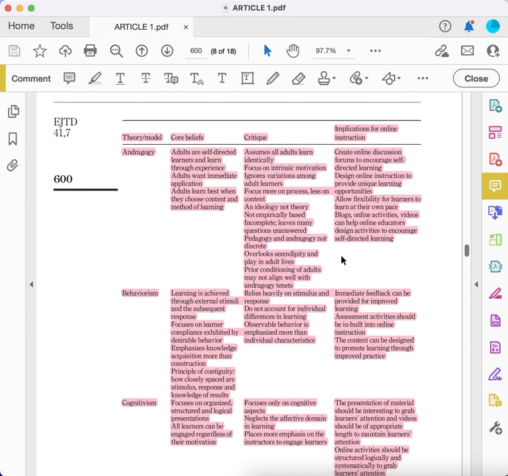When we think about the adult focus, should it be empirically based? Well, it seems like as an ideology, shouldn't it also be empirically based? So that's a big question for us. The prior conditioning of adults may not align well with the basic foundations here. What does that really mean? Conditioning to me means learning in a specific environment.